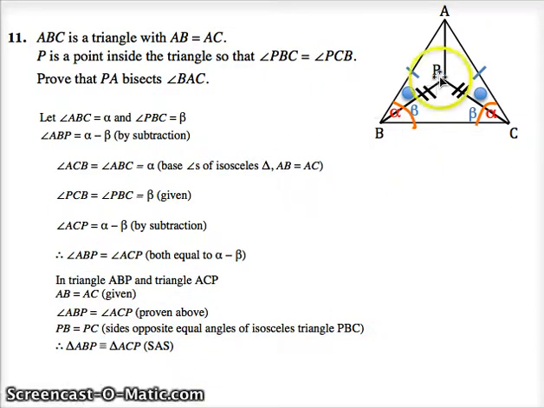Okay, now we are still trying to prove that PA bisects angle BAC. Now because the two triangles are congruent, APB and APC, we know that angle BAP is equal to angle CAP because they are matching angles of congruent triangles.